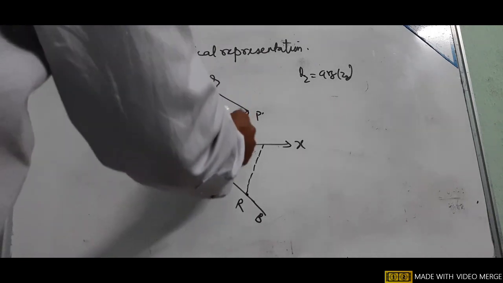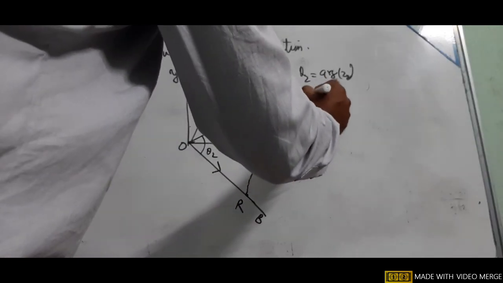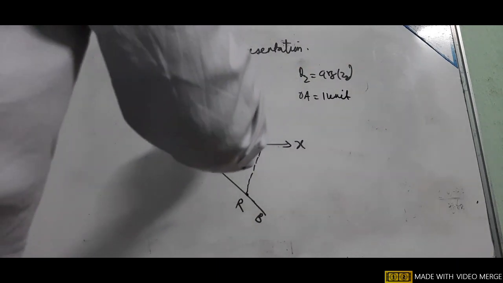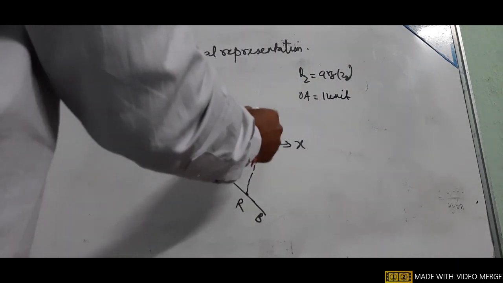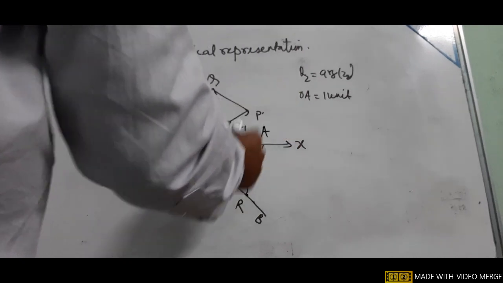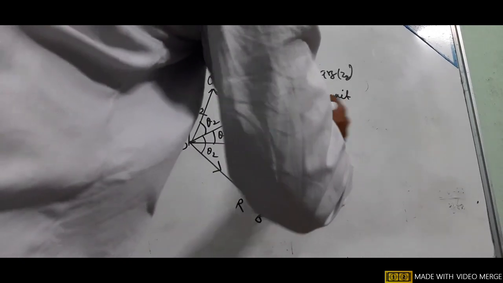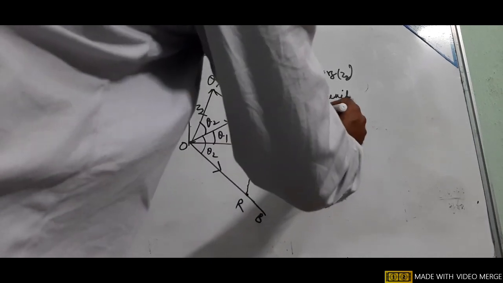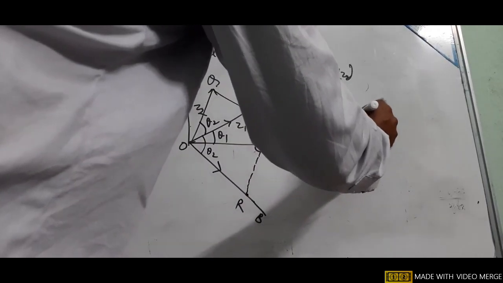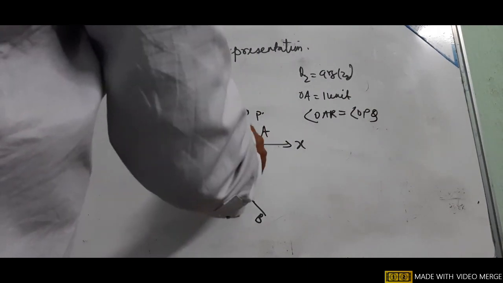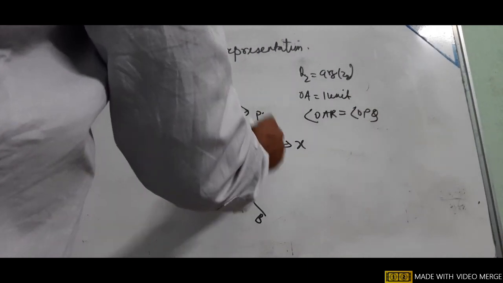So we have taken OA as 1 unit, and we have drawn a line AR such that this angle OAR is equal to this angle OPQ.